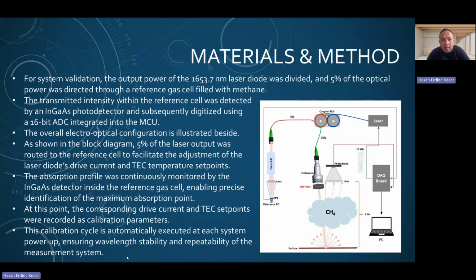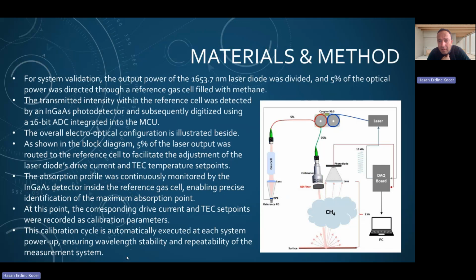The overall electro-optical configuration is illustrated beside it. There is a data acquisition card connected to the PC and a laser controller. Here we also used a photodiode with a lens. There is a coupler for coupling the laser diode.